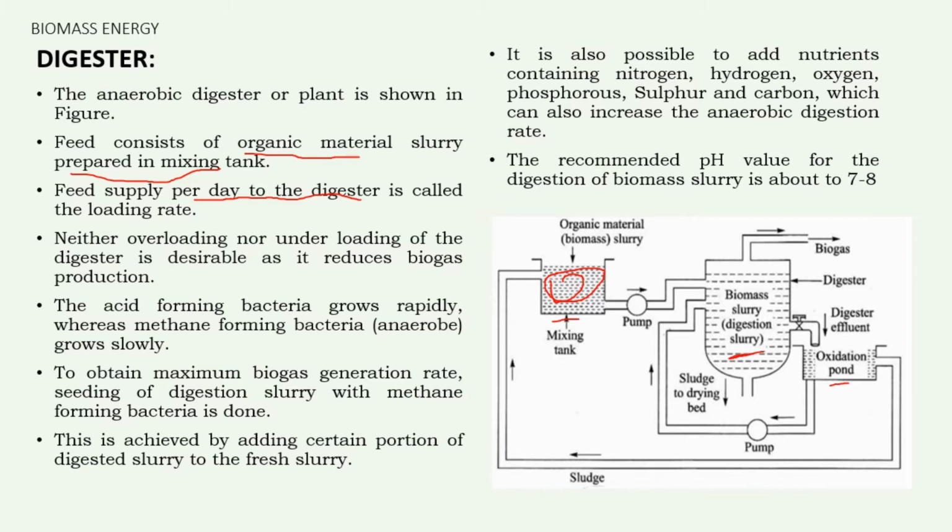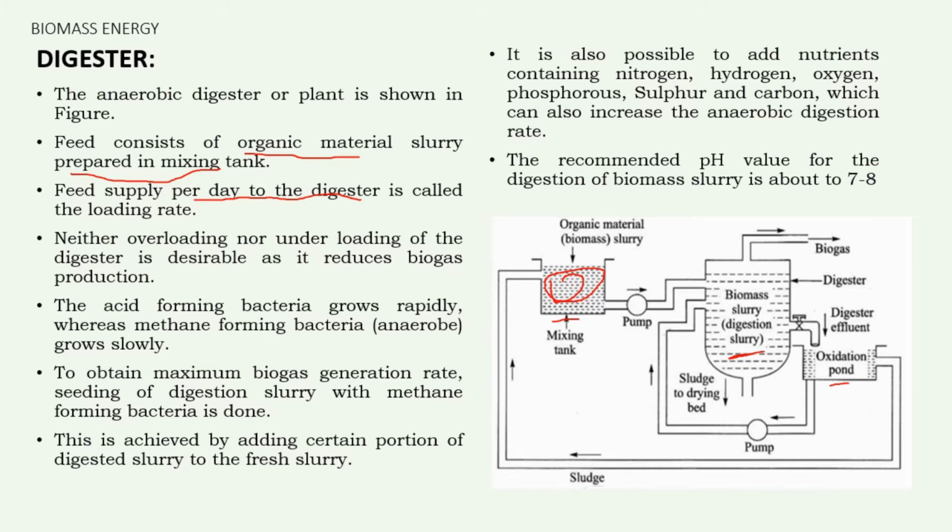To obtain maximum biogas generation, seeding of the digestion slurry with methane forming bacteria is done. Whatever slurry we send to the digester, we add methane forming bacteria, because it works slowly.